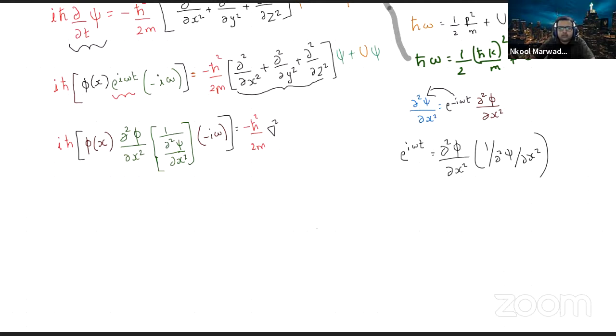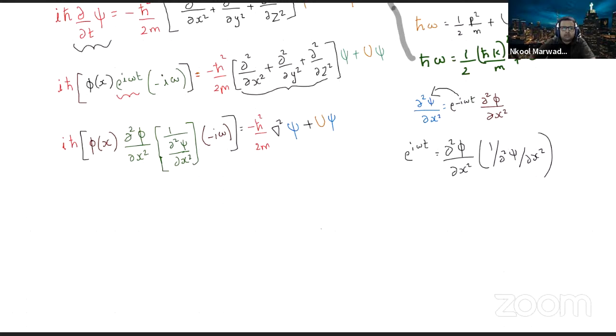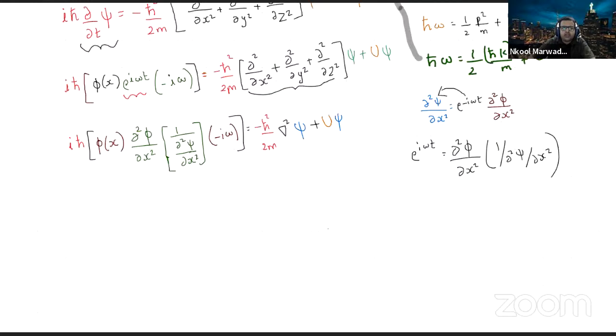I can introduce a wave function. The potential energy and the wave. This equation which we have is independent, and we achieved that independence using this phi x.